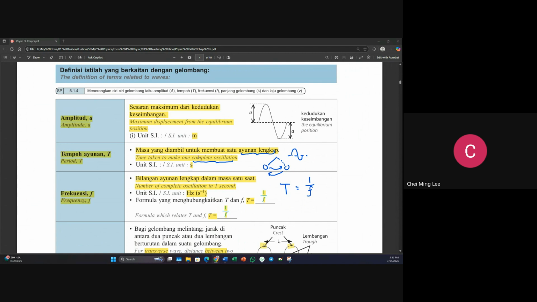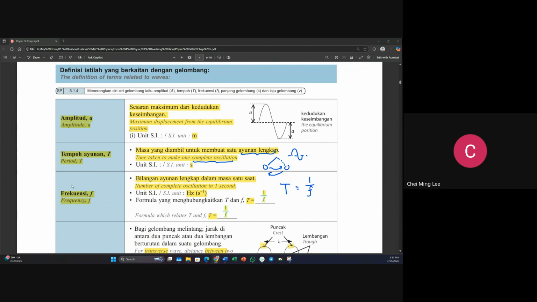Period is the time taken to make one complete oscillation, like this one swing back and forth. Like this, one is considered as one oscillation. So the SI unit will be second, while frequency is how many complete oscillations are done within 1 second.